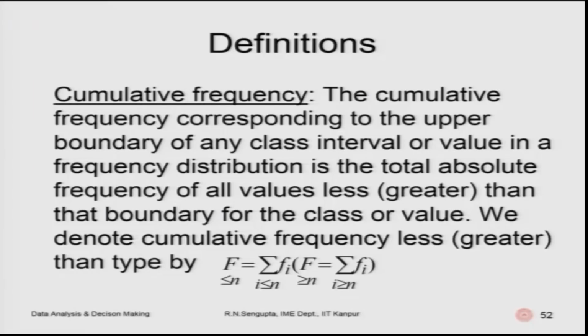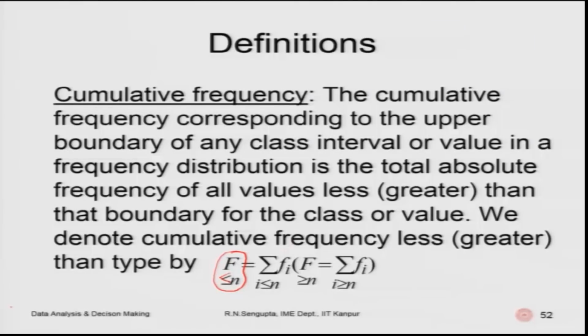So, we denote the cumulative frequency of the less than type and the greater than type by the corresponding formula. The capital F denotes the frequency of the less than type, so obviously that will be the sum of all the frequencies for the values of i less than or equal to n.